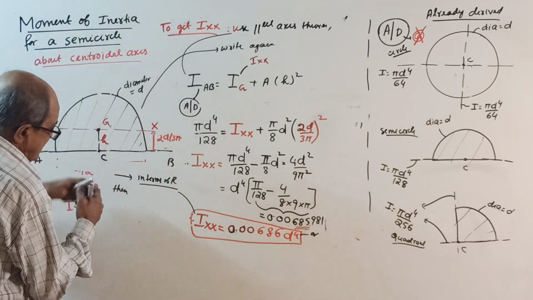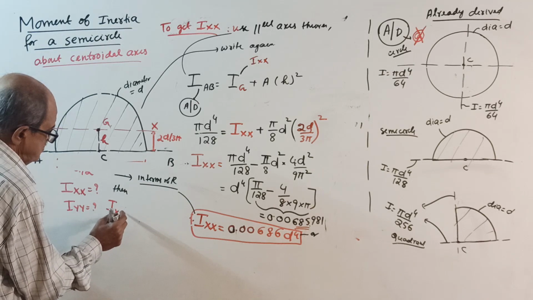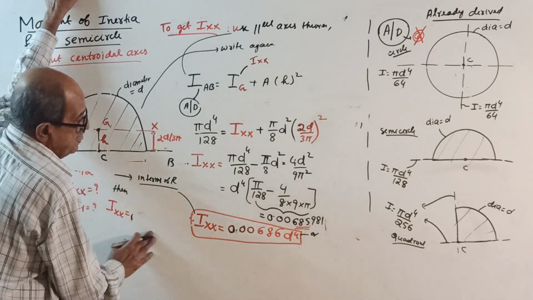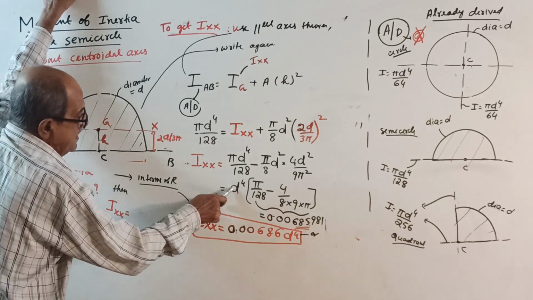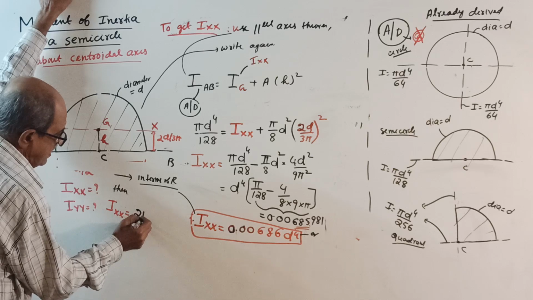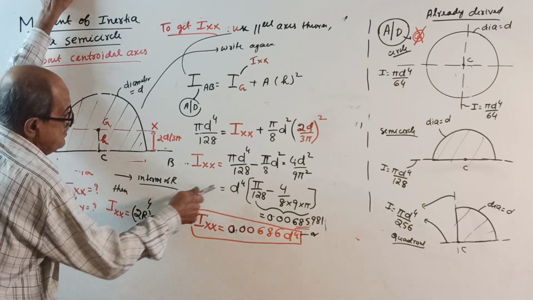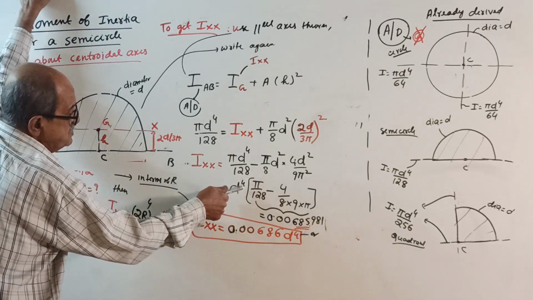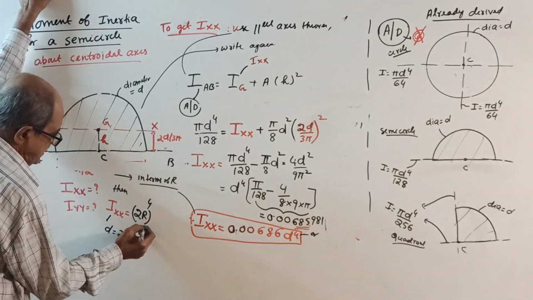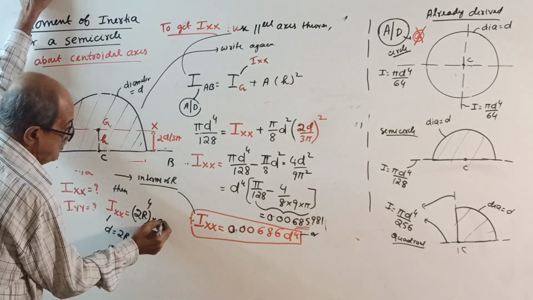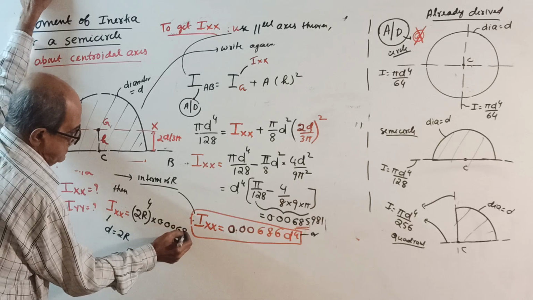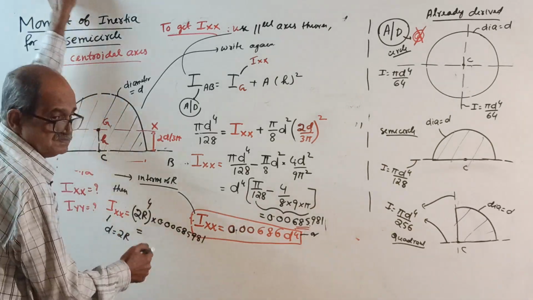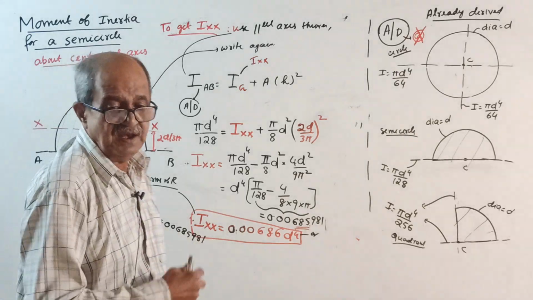Then IXX equals the same number, 0.00685981, times d power 4. Write d equal to 2 times r, so d power 4 is 2 times r power 4, which is that number into 16.